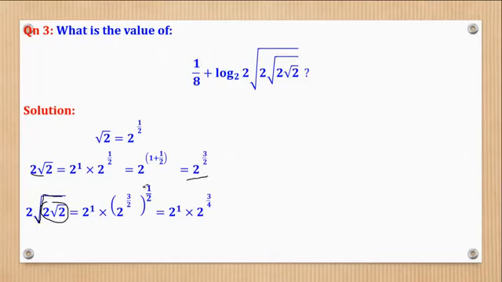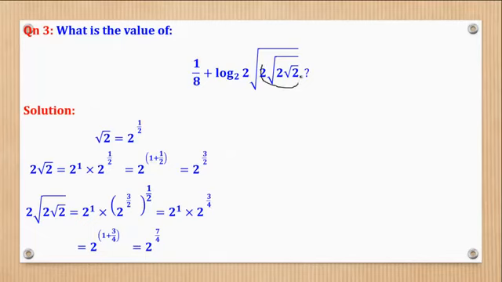That is why we again put a power of a half. Then roots of indices, these are both powers, so it becomes multiply 3 over 2 times 1 over 2 to give you 3 over 4. Same base, we are going to add the powers to come up with 2 to the power 7 over 4.